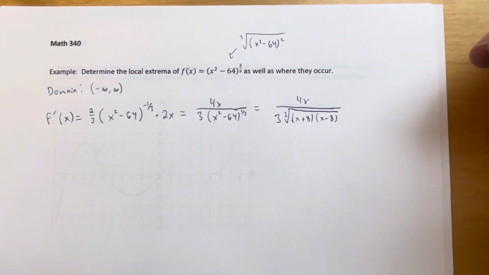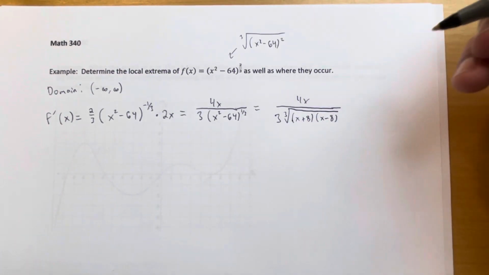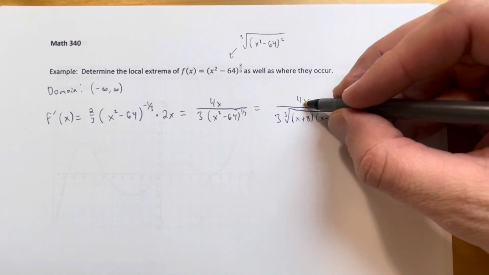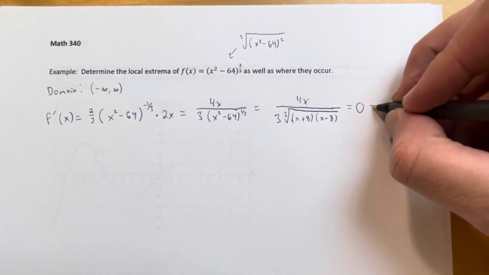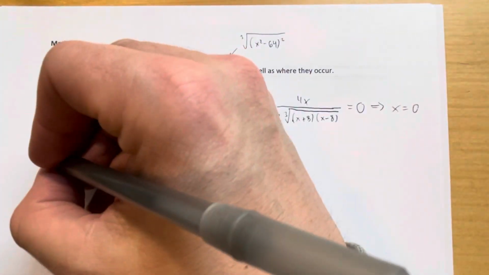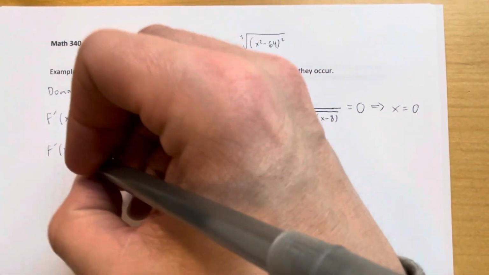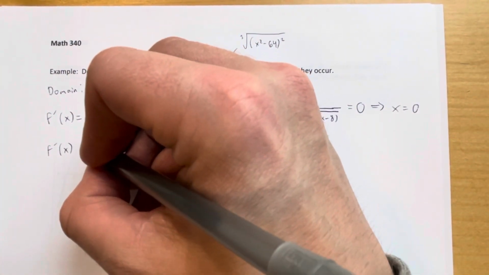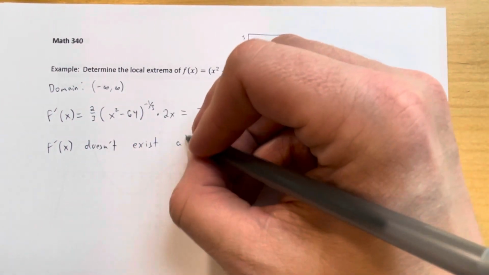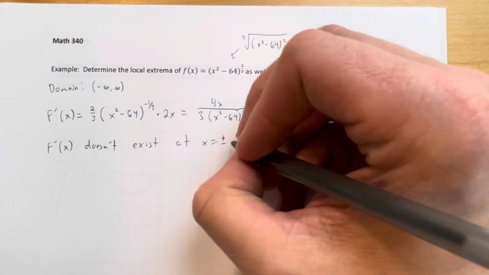I use this to find critical values in two different ways. I find where this is equal to 0, and that only happens when my numerator is equal to 0. That would imply that x is equal to 0. Okay? Or where f prime doesn't exist. So it doesn't exist at x equals plus or minus 8.